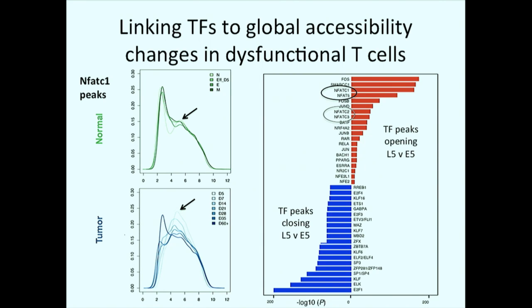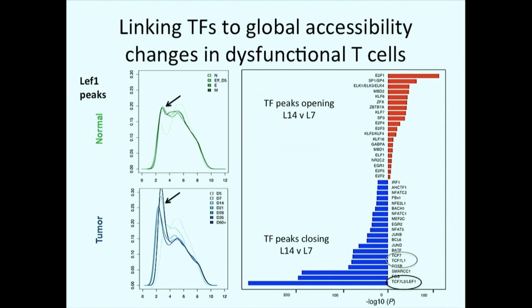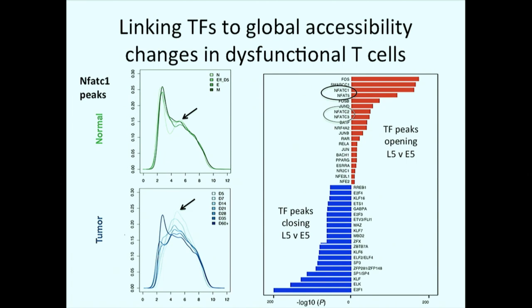Different colors are different cell types. These distributions are bimodal. Basically, you have peaks that are closed and peaks that are open.